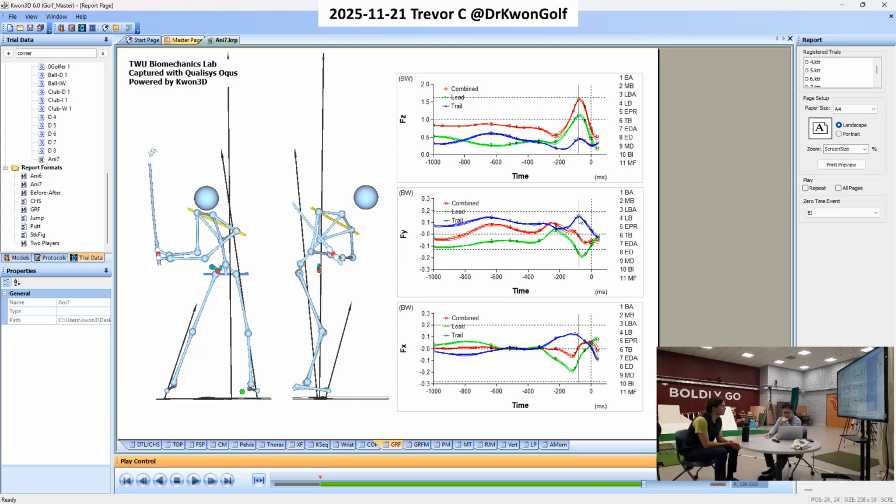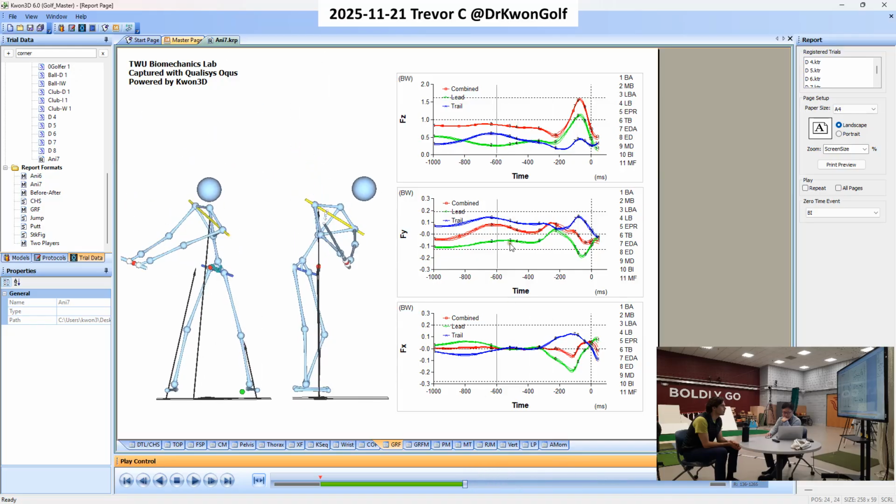Between these, pretty much during the entire backswing, this force has to be maintained. That means you have to keep pushing the ground in the away direction so that the ground pushes your body toward the target. But if you shift your body to the left side here, then there's no way to push the ground in this direction.